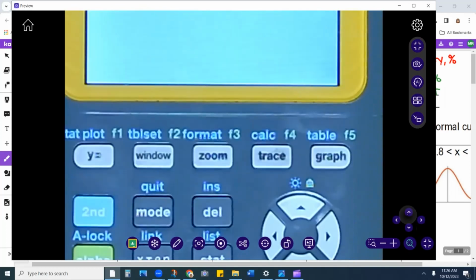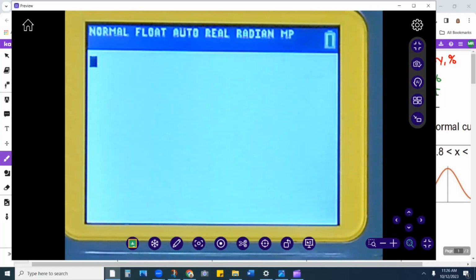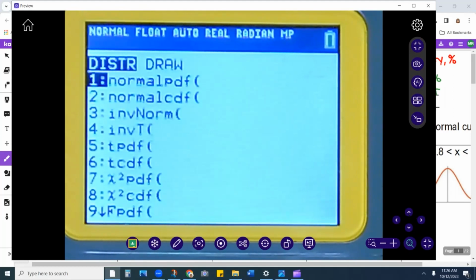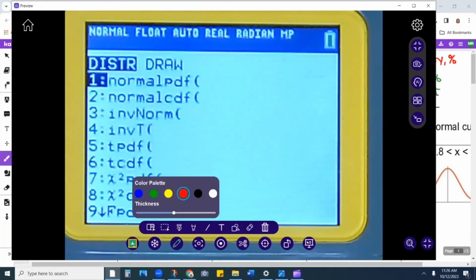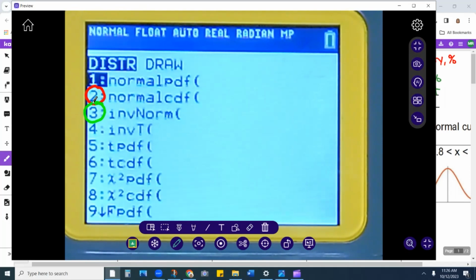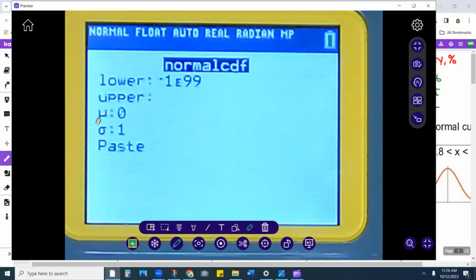When I hit second and VARs, you see the options here. The options we want are either number 2, normal CDF, or number 3, inverse norm. Those are the ones we're going to be using. Let's say I did 2, and you just need to press 2. You don't have to arrow down to 2.